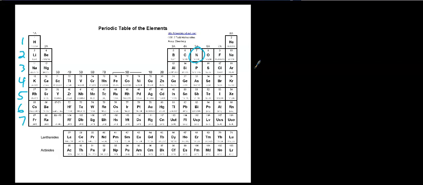So we see that nitrogen is in the second row, or second period on the periodic table, which means its valence electrons are in the second energy level. Now be careful, unlike the other examples we've done so far, in the valence shell of nitrogen, there are two different sublevels. We have an S sublevel and we have a P sublevel. So we need to account for all of the electrons in that second energy level. So be careful with this one.